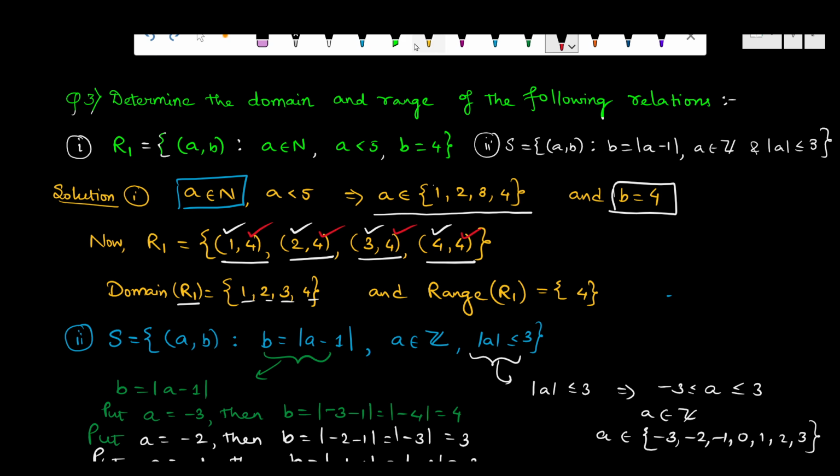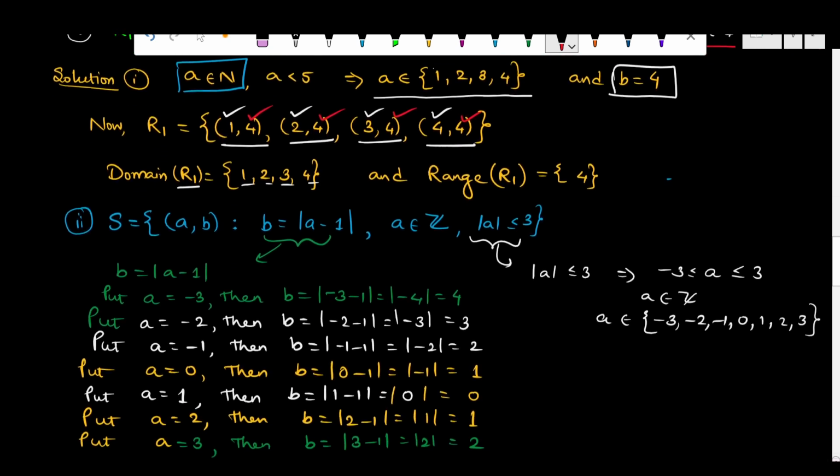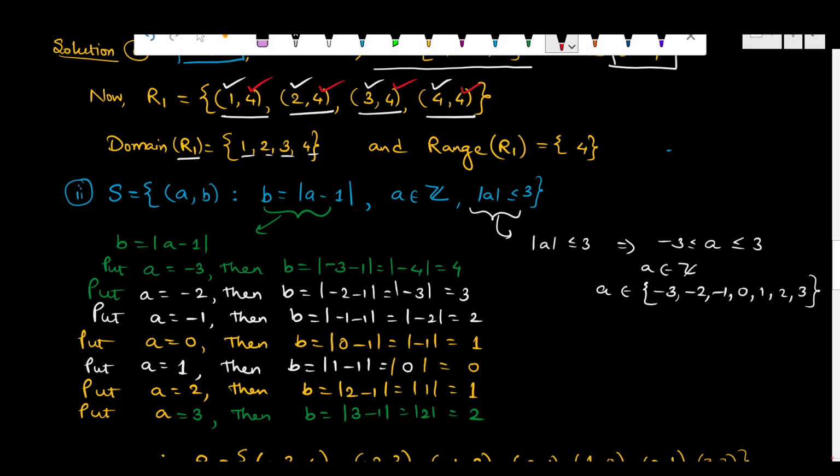Next, for S. Now S contains the ordered pairs of the form (a, b) such that b equals mod of a minus 1, and a belongs to the set of integers and mod a is less than or equal to 3. Okay. So first we have this as S, right?